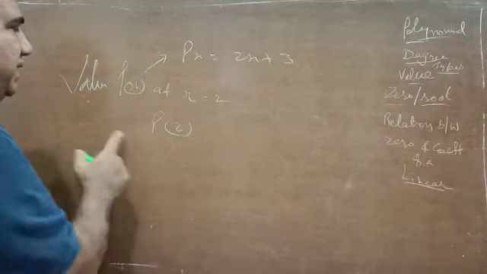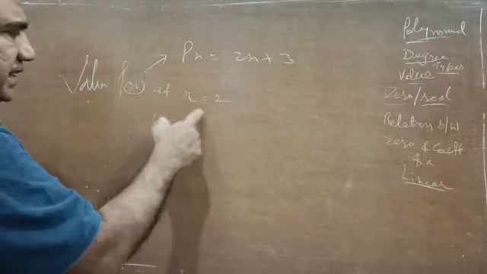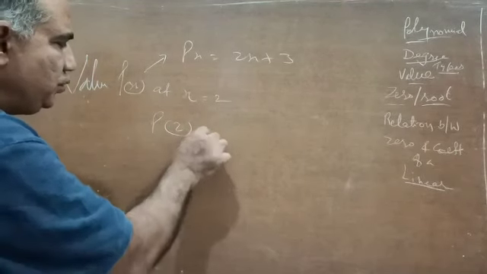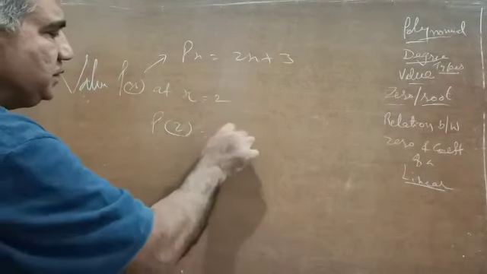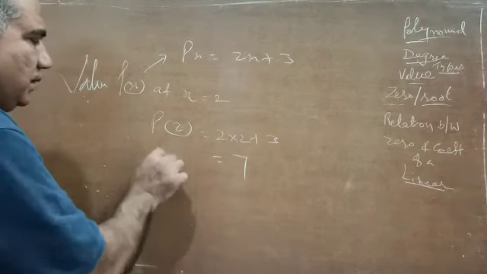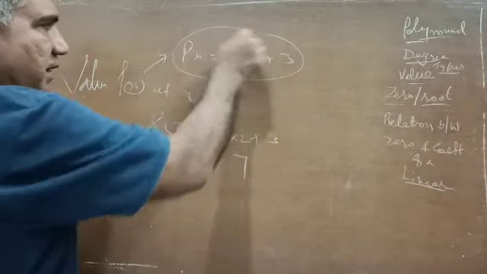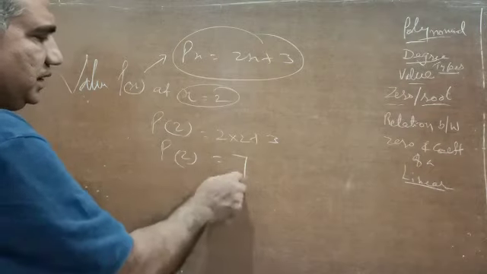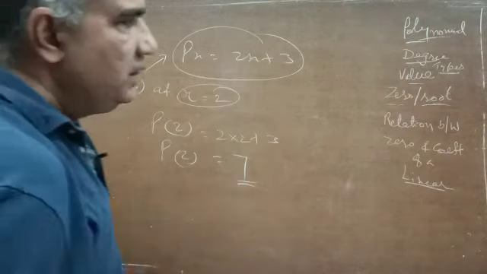If I want to find the value of p(x) at x equal to 2, wherever x is there, I will put 2, so I will write p(2) is 2 into 2 plus 3, so this is 4 plus 3, 7. So the value of this polynomial at x equal to 2 is 7. That was the value.